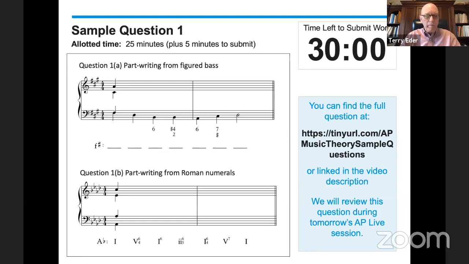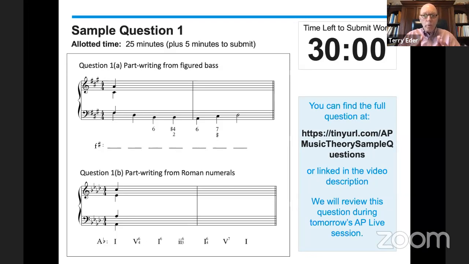And then in 1B, you would have to once again write the key signature and the first chord that's given, and then the Roman numerals, A flat major, colon, and then the Roman numerals underneath that on the answer sheet. Okay, so hopefully you can do that pretty fast.